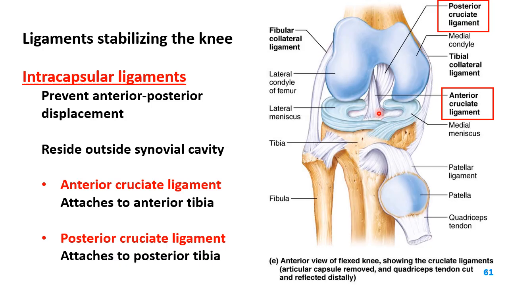You have your anterior cruciate ligament, and you also have a posterior cruciate ligament. But the anterior one is usually the one that is more vulnerable to injury. In order to see those ligaments, you have to take away the patella, the kneecap. You call those intracapsular ligaments.